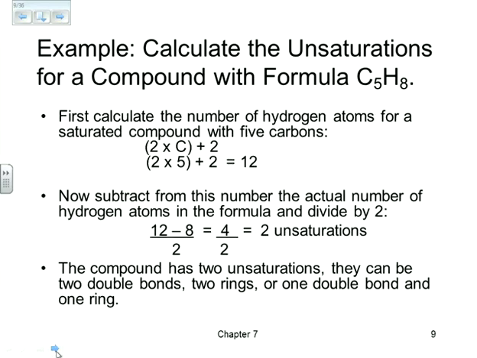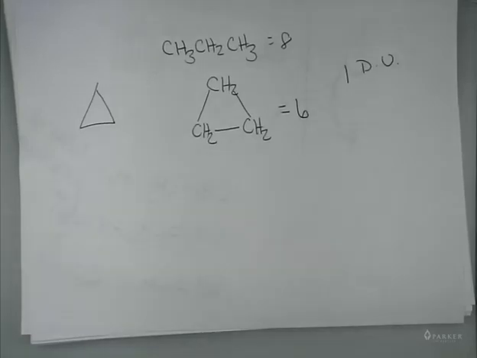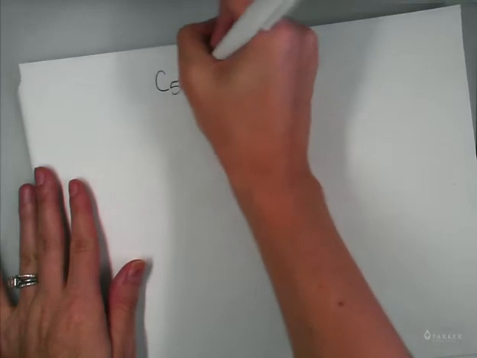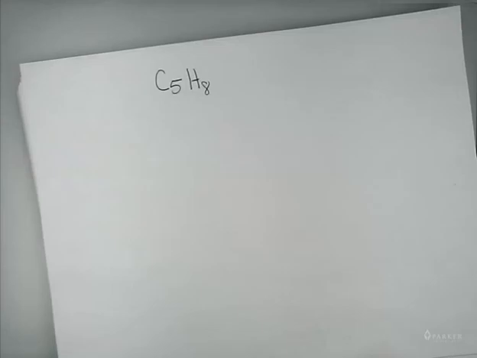So if we have this formula here, C5H8. Now, just by looking at that, you have no idea what the structure is, right? There's different isomers you could draw here.